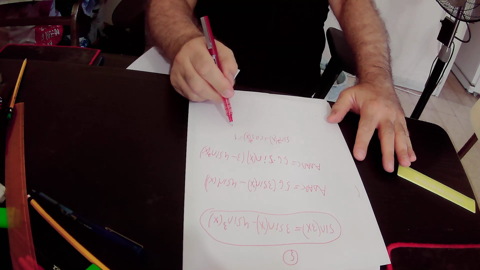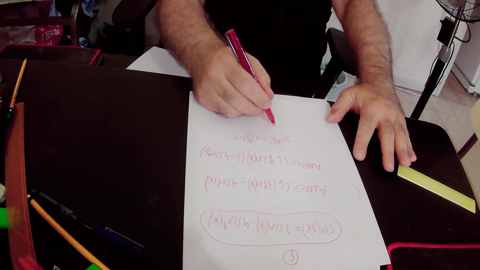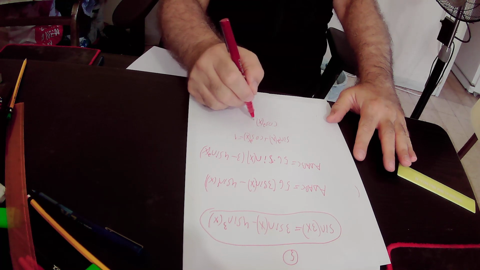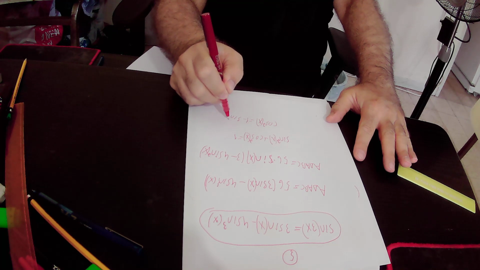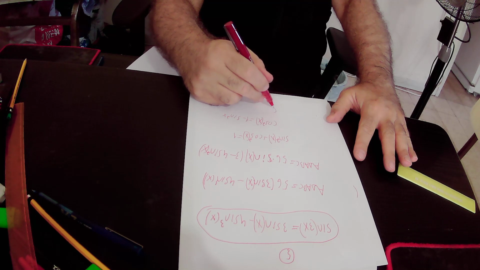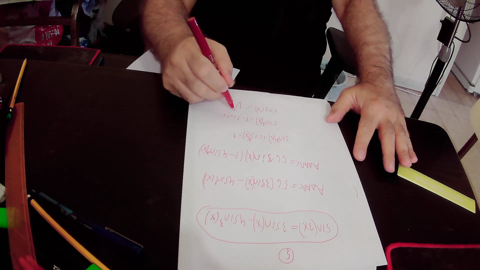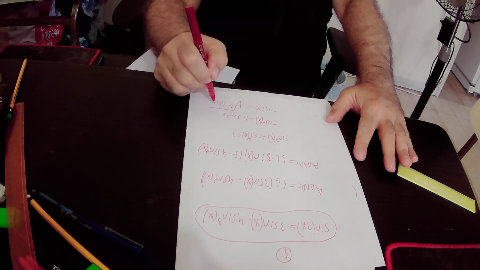Here we'll subtract sinus x squared from this equality, and we will get that cosinus x squared equals 1 minus sinus x squared. Here we will take a root out of this equality, and we will get that cosinus x equals the root of 1 minus sinus x squared.